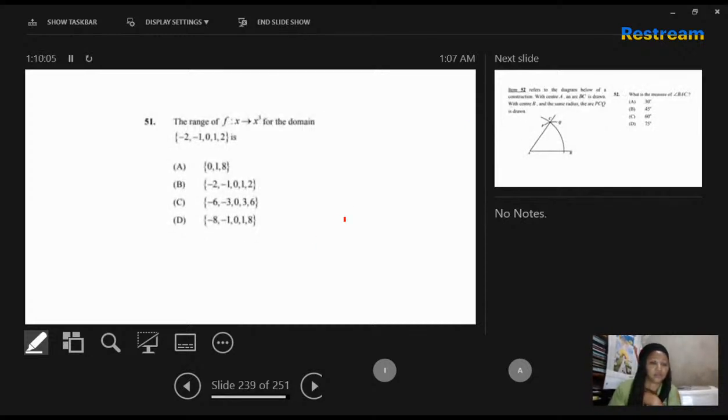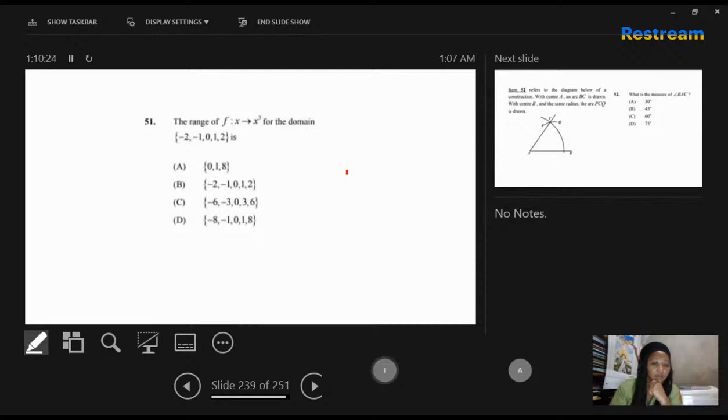Okay. Next, number 51. The range of the function f of x, which maps x onto x cubed, with domain negative 2 to 2, is this.